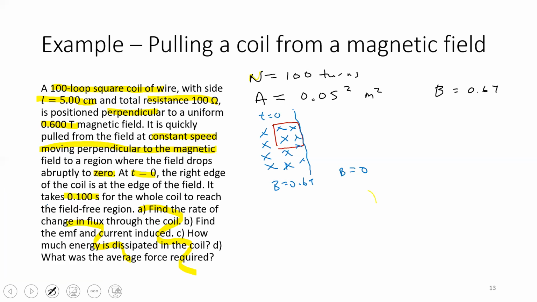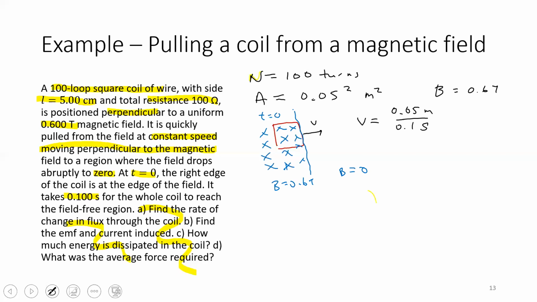So it is being pulled in this direction with a constant velocity, and it takes 0.1 second for the whole coil to reach the field-free region. So that actually kind of tells us that our velocity, since this side is 5 centimeters and it takes 0.1 seconds, our velocity is this many meters per second, right?